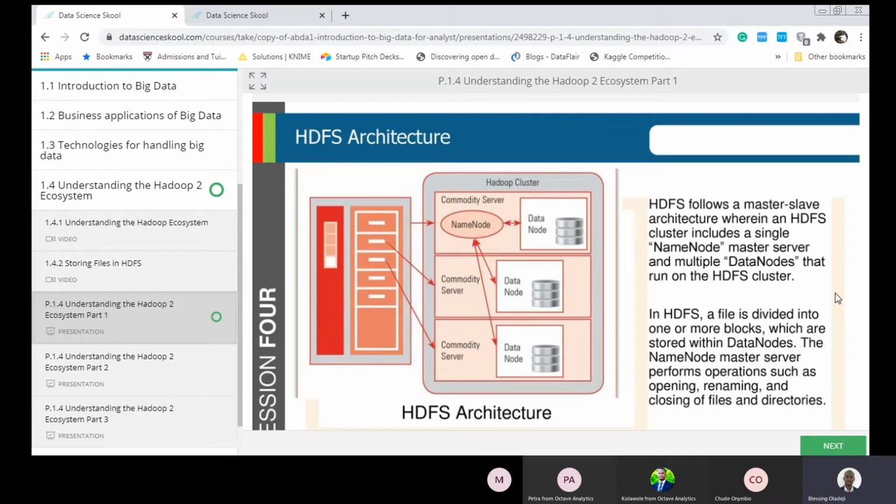So you have data, and we said that it is a distributed file system. So if it's a distributed file system, it means that there could be 20 computers, and those 20 computers are storing information about different data sets, but all of them are organized together in the form of a cluster.